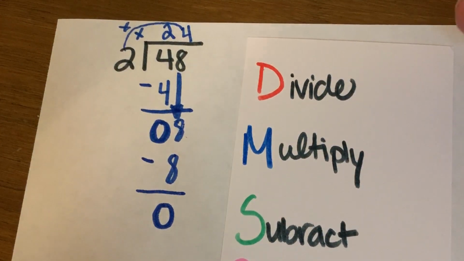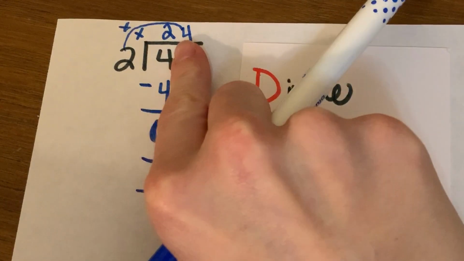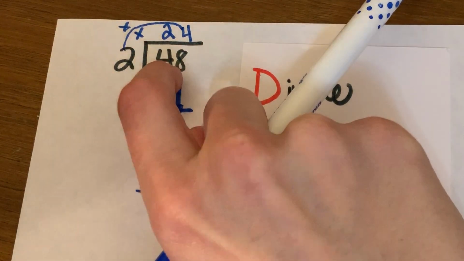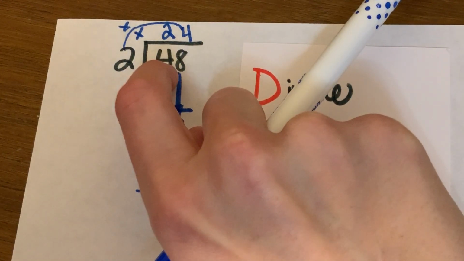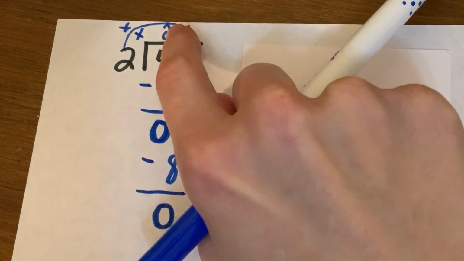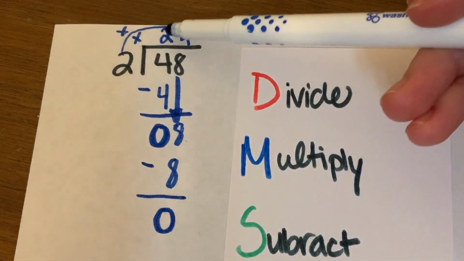I'm going to walk through that again. So we want to see what is going to equal 4. 2 times what equals 4, or as close as possible? 2 times 2.